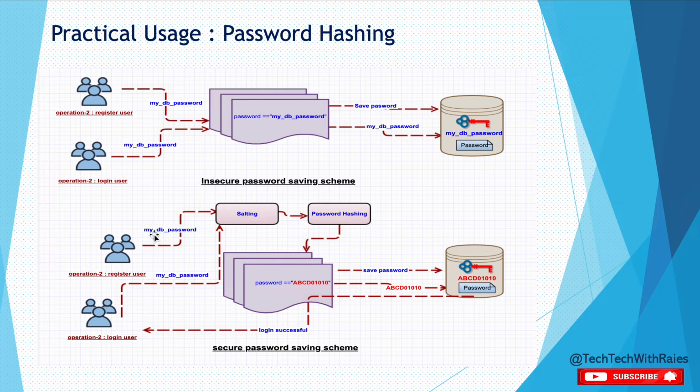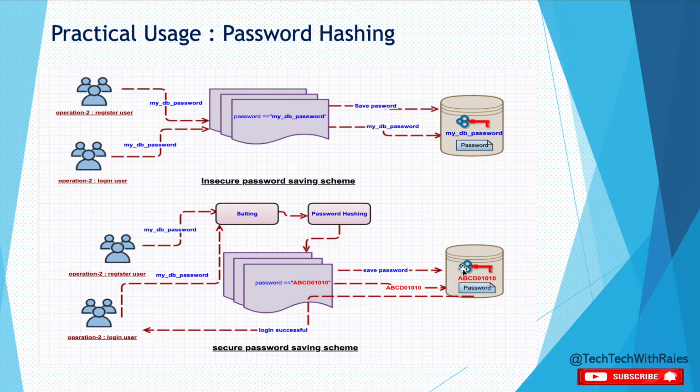Let's say the password is mydb password plus the salting keyword, so the complete password becomes mydb password salting. Now this whole thing is sent to a password hashing algorithm function, base 64, md5, sha1 or sha2. Then it will generate a completely arbitrary fixed length output like this.